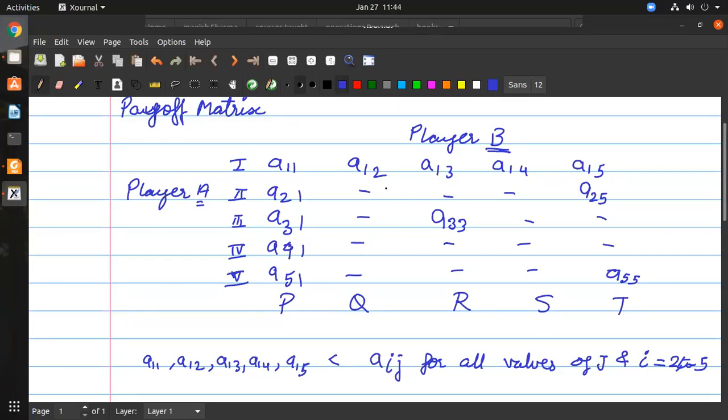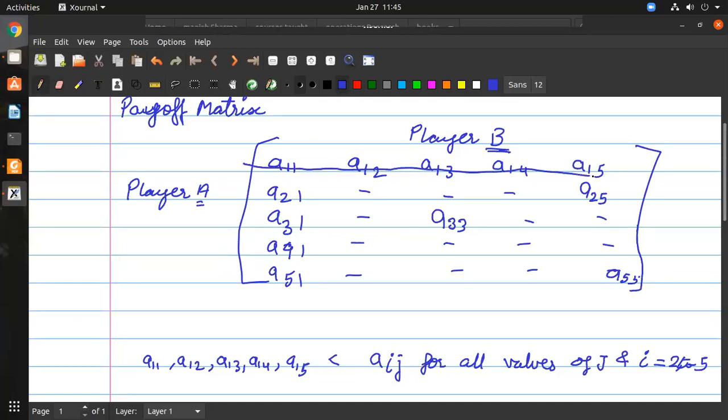What I intend to say is that for this matrix, let us eliminate these labels. If all the elements of one row are lesser than all the corresponding elements of any one of the remaining rows, then I can eliminate this row.